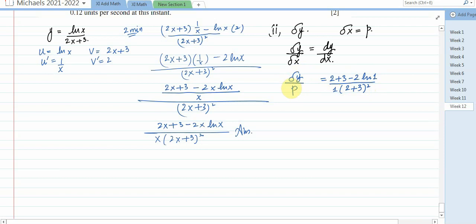Now the question is easy to solve. 2 plus 3 is 5, ln 1 is 0, divided by 2 plus 3 is 5 square which is 25, and it's delta y over p. So delta y is equal to p divided by 5, since 5 ones are 5 and 5 fives are 25.